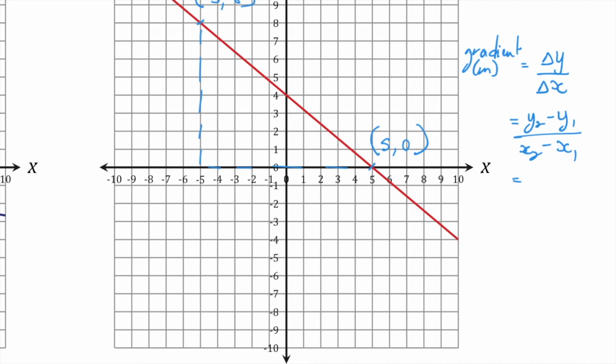So then in this case, we'll have x1, y1 and x2, y2. So y2 is 0, take away y1 is 8, and x2 is 5, and x1 is -5.